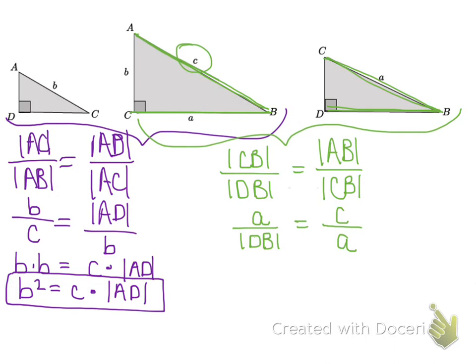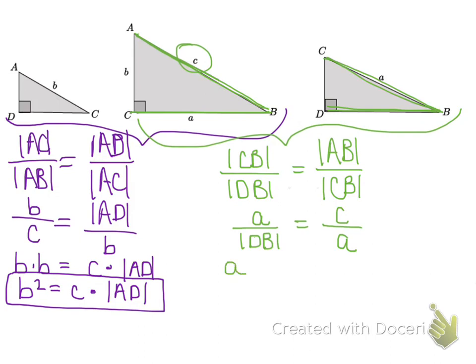Okay, so all I've done is substituted what I know. So AB right here is C, and CB is A, and here's CB again for A.